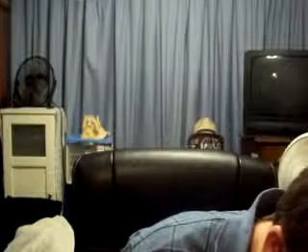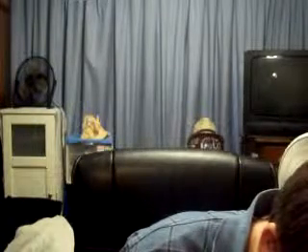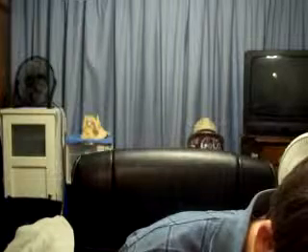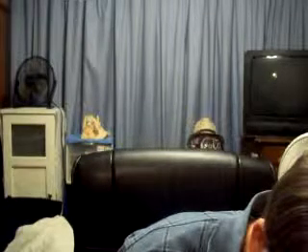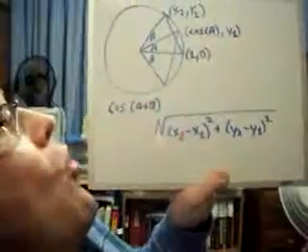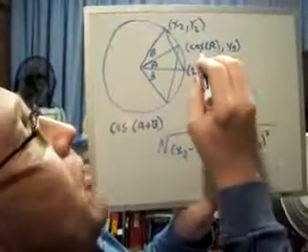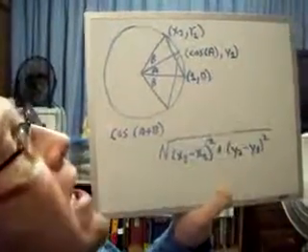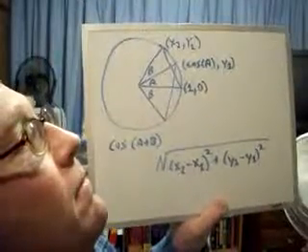So now we have your two coordinates. All we've done here is we replaced x1 with the cosine of A. That's all we've done.